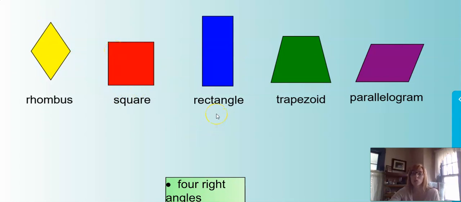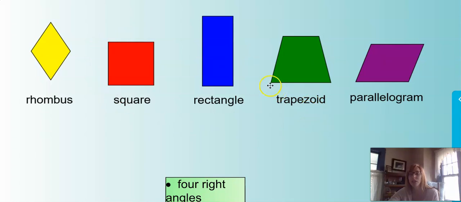If you go over to the rectangle, it also has 4 90-degree angles, but is different because the rectangle has 2 sides that are the same length, and then the other 2 sides are the same length, but they are longer or shorter than the other 2 sides. Whereas a square, all 4 sides are the same length.